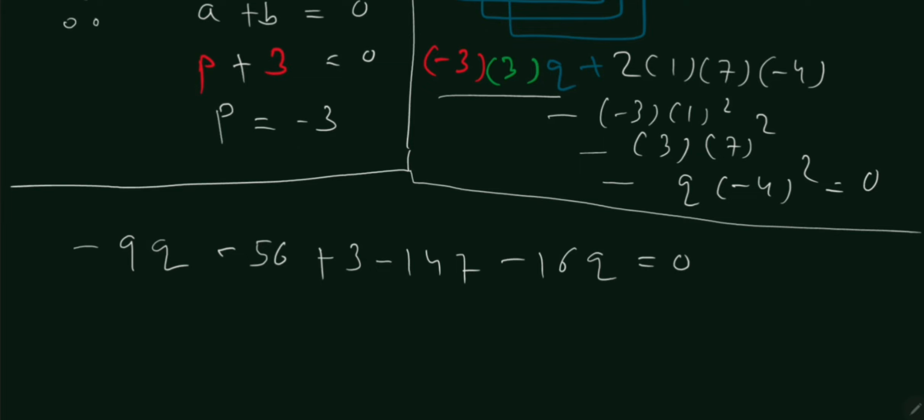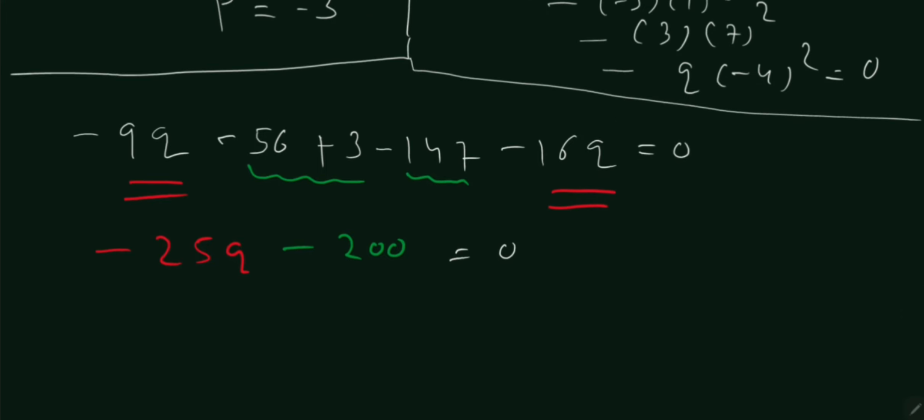Now we just club minus 9q and minus 16q, this will give me minus 25q. We just simplify the rest of the part. Minus 56 plus 3 is minus 53, and minus 147 will give me minus 200. This is equal to 0.